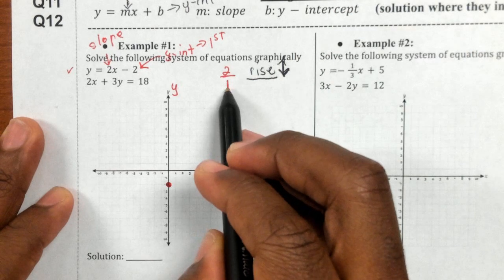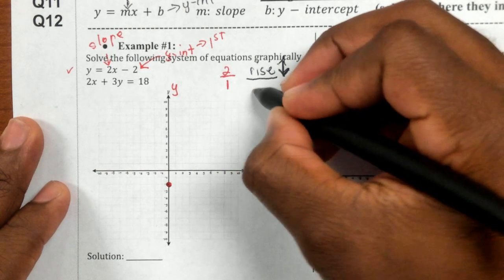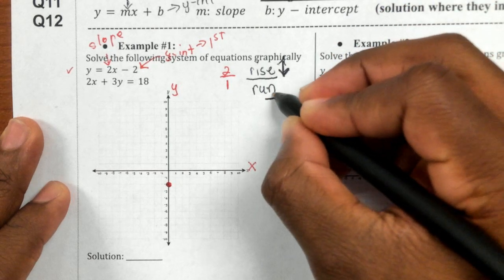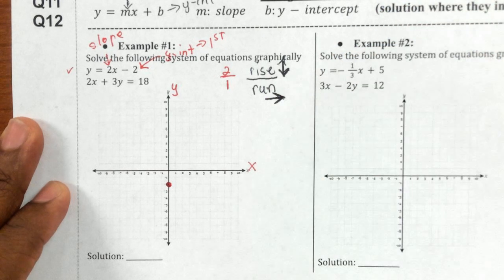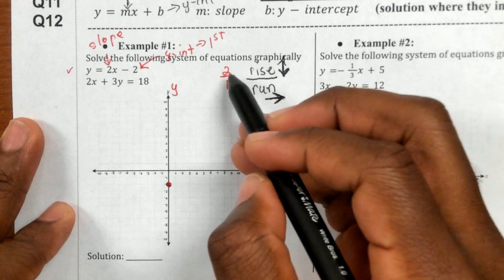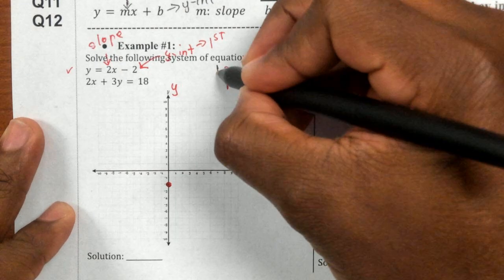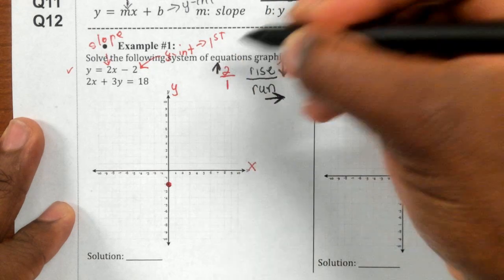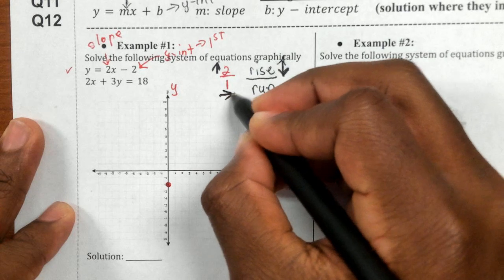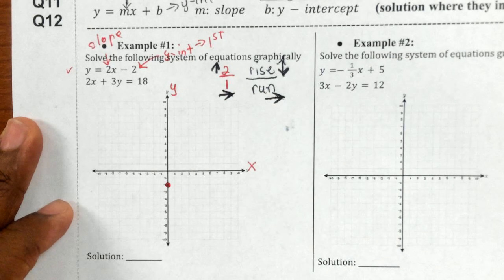The number on the bottom tells me my run. And the run tells me if I'm going left or right. Almost 99.9% of the time, you're going to the right. So a +2 means you're going up 2 times.